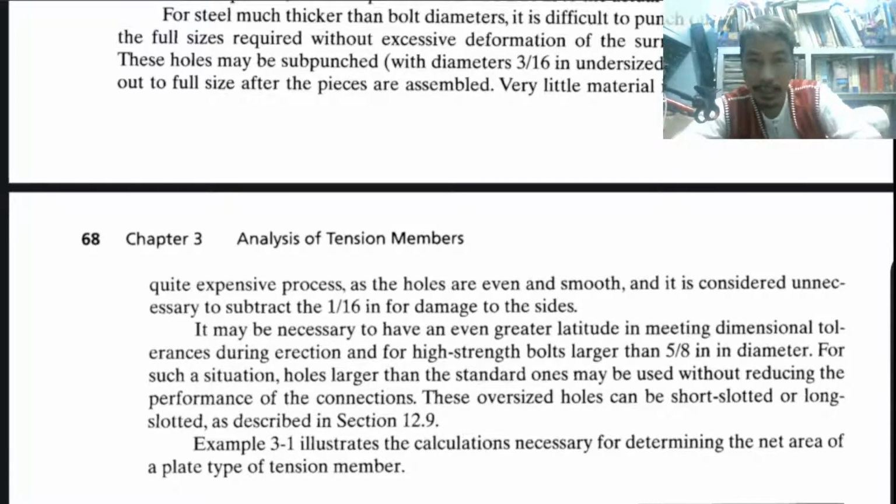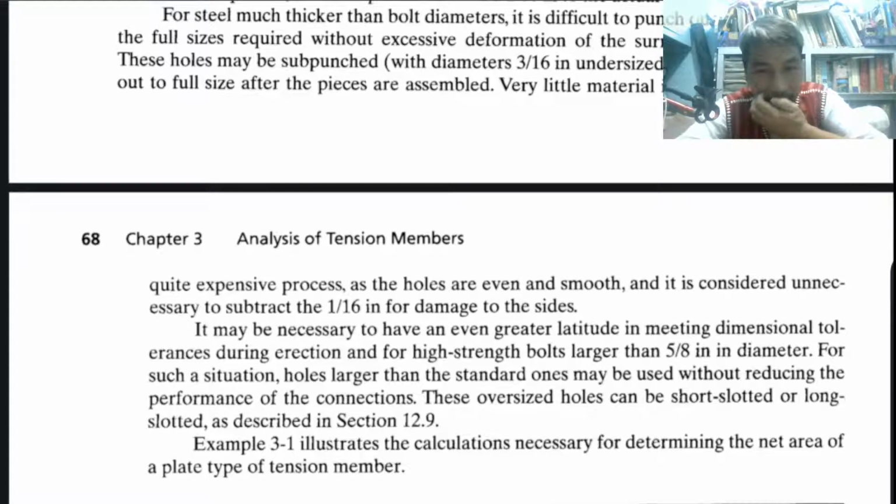Very little material is damaged by this quite expensive process, as the holes are even and smooth, and it is considered unnecessary to subtract 1/16 inch for damage to the sides.